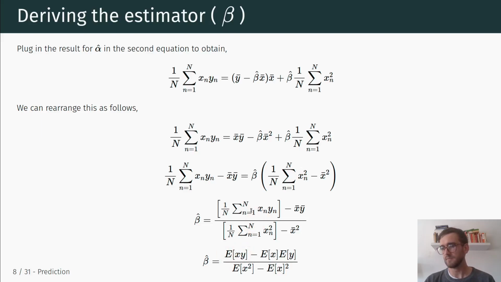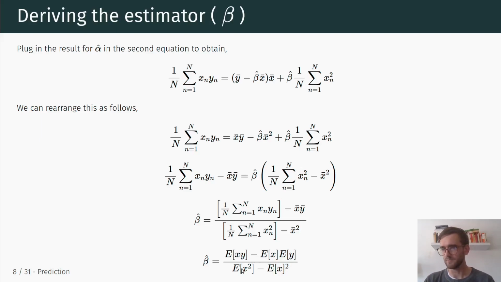And similarly, x bar and y bar are just the expectation of x and the expectation of y, so we'll replace this with the expectation of x times the expectation of y. Same down here, the expectation of x squared and the expectation of x, squared.